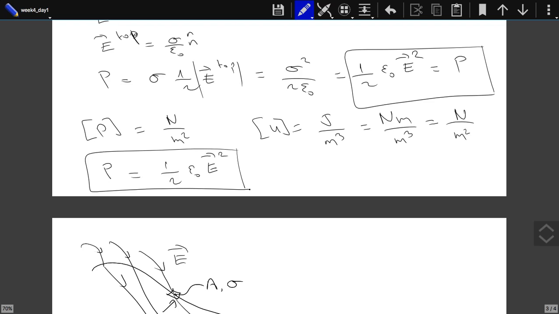Let's say if there's a change in momentum, then you can decide to call it a force. And we will see that electromagnetic fields carry momentum, and their momentum can change due to interaction with other materials. So you have a momentum change of the electromagnetic field, which you can, if you want, call a force.